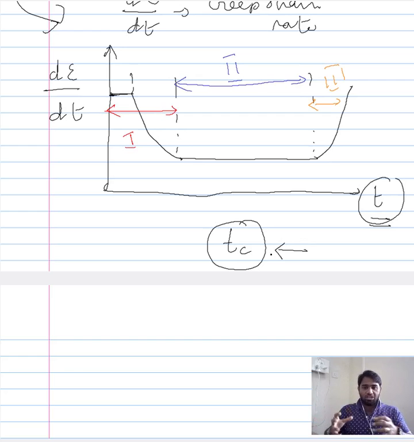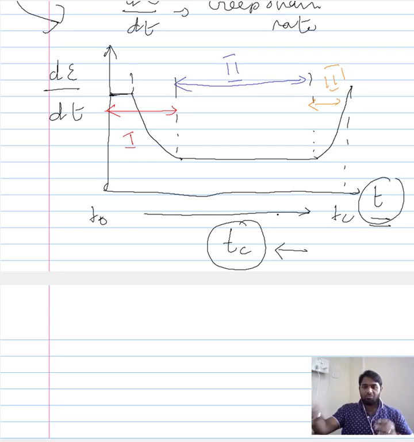So when we are talking about a specific material and a specific duration of time, we are not talking about the overall t as a variable, but in terms of a specific duration of creep testing. That means we are talking about from T0 to Tc. We have confined ourselves to T0 to Tc.